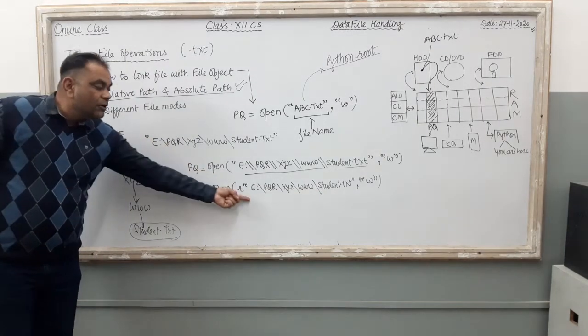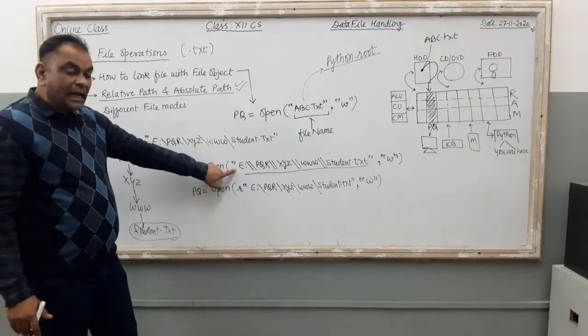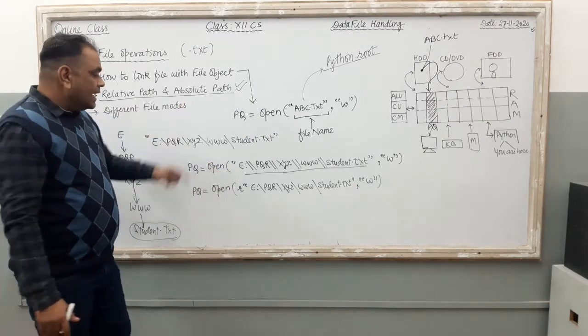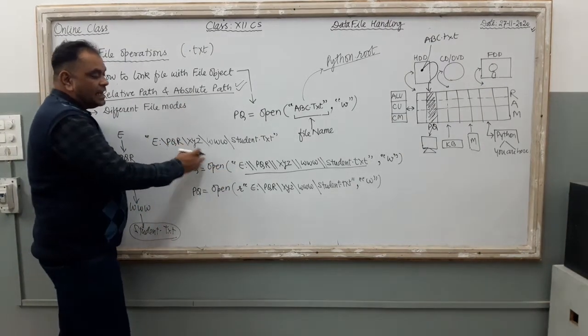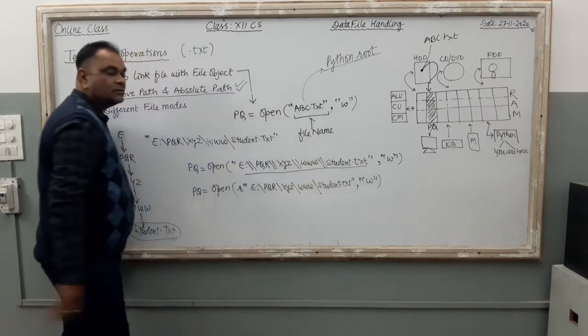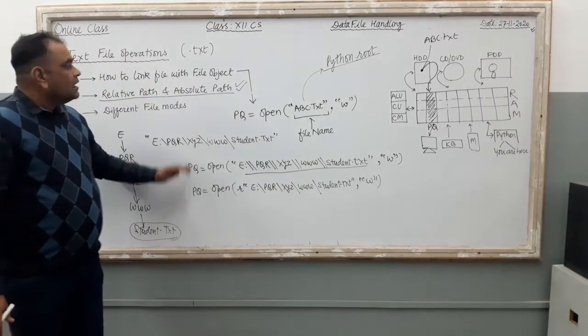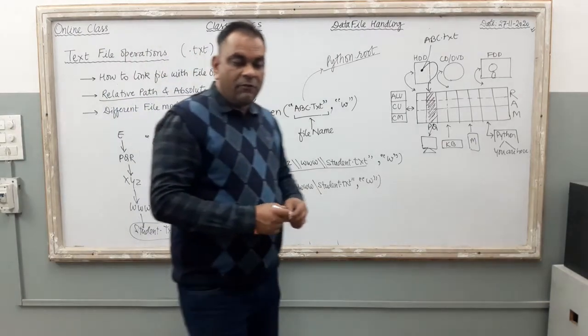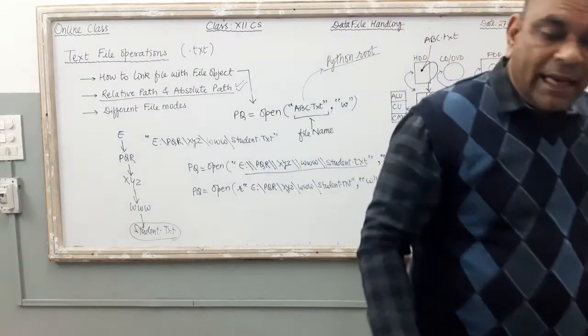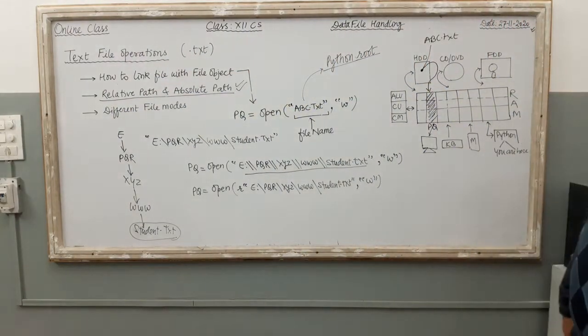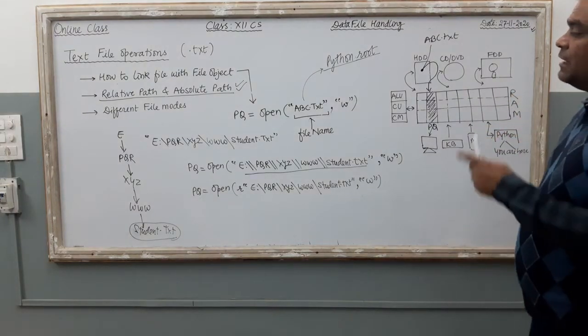Exact भी यही है, वही कोई उठा के लिख दिया. अगर आप raw string नहीं बनाते हो, then you should convert this single slash into double slash. Just see this one, right? So it is the file open command. By this command you can link your Python file, you can link your data file, text file with the Python program, right?